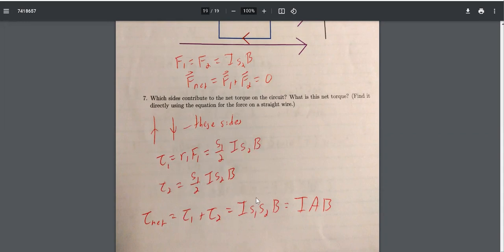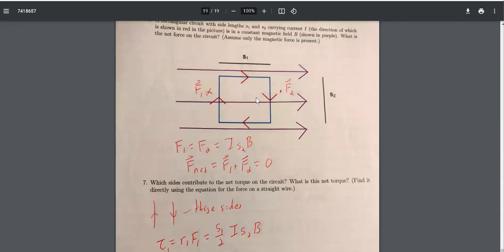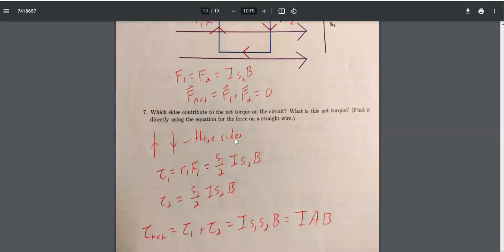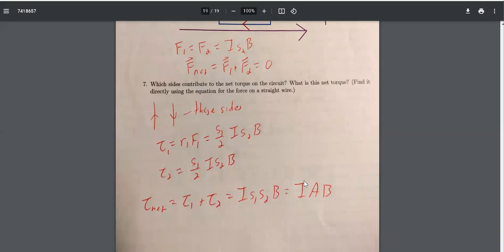So when we add these together, we get the current times S1 times S2 times B. This is a rectangle that has side lengths S1 and S2. So if we multiply these things together, we just get the area that's inside of this, that's sort of perimetered by this circuit here. So this is the torque.